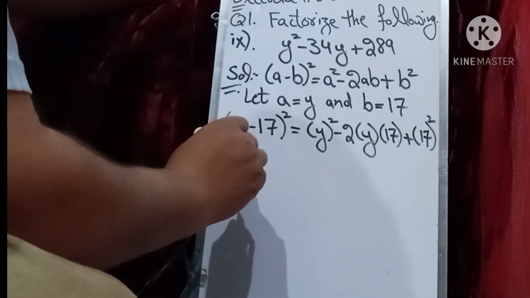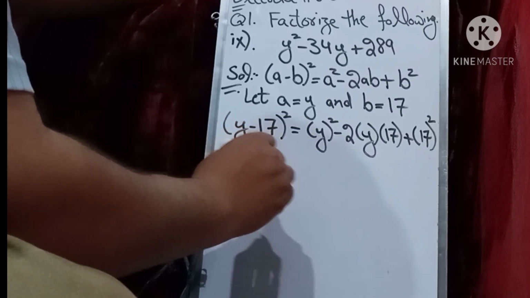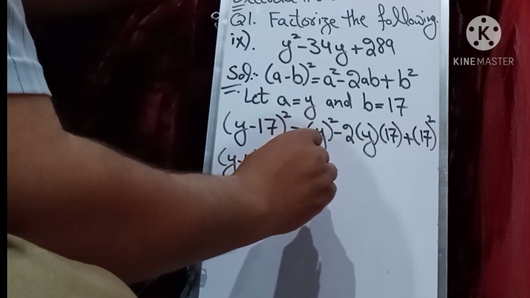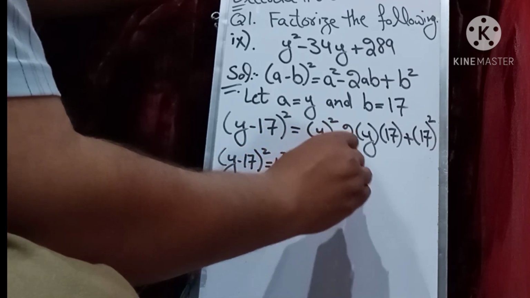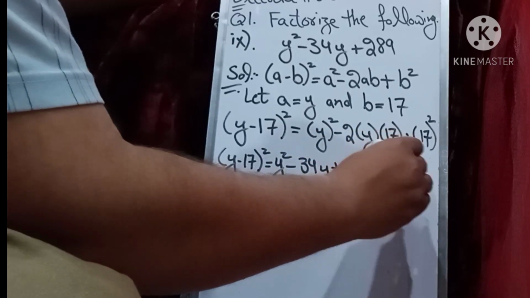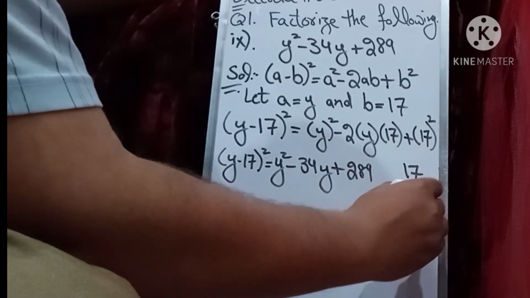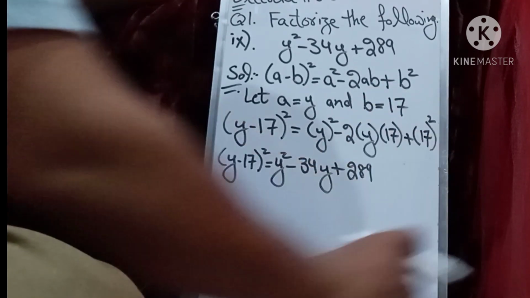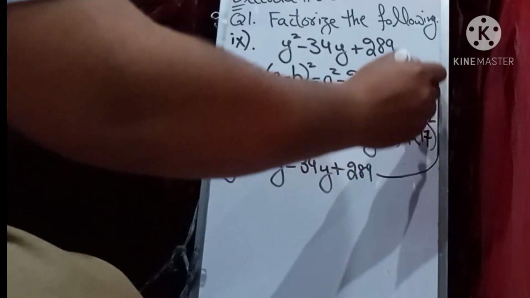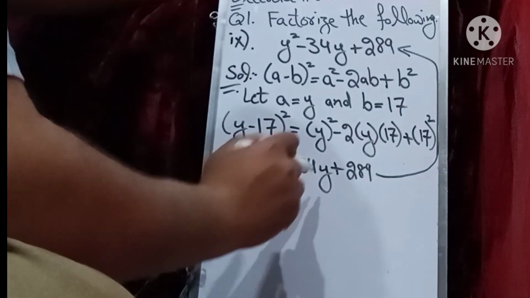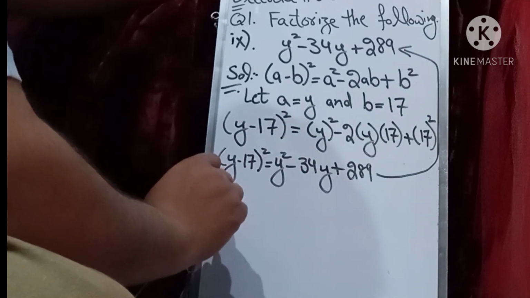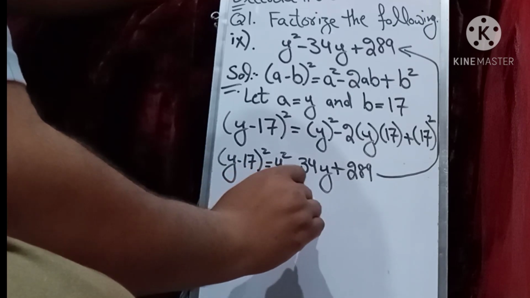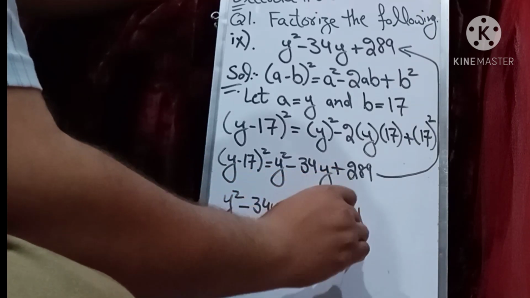When you simplify it, you will see that (y minus 17) whole square will be equal to y square minus 34y plus, in the rough work you can see that 17 multiplied 17 is equal to 289. So this answer is actually equal to our question y square minus 34y plus 289. So y square minus 34y plus 289 is actually equal to (y minus 17) whole square.